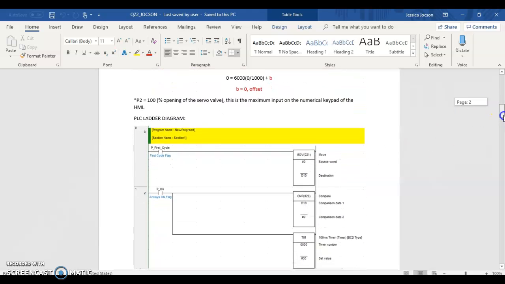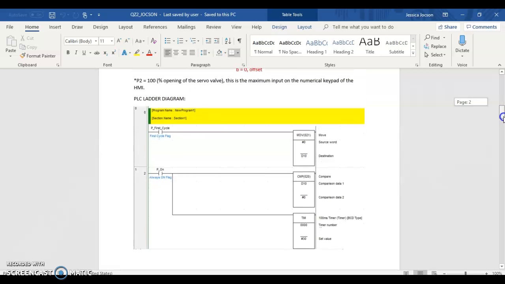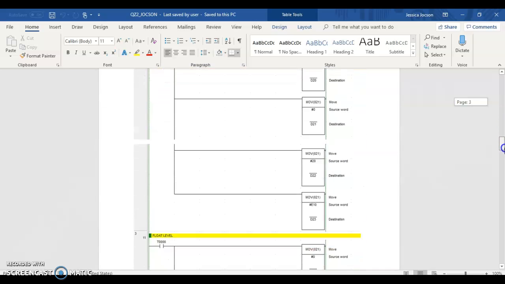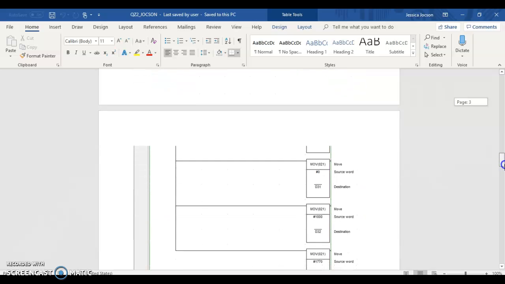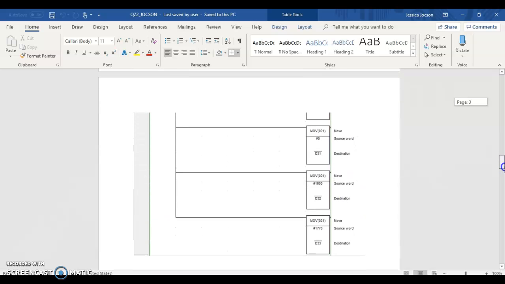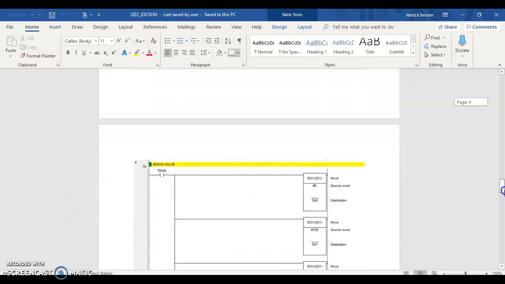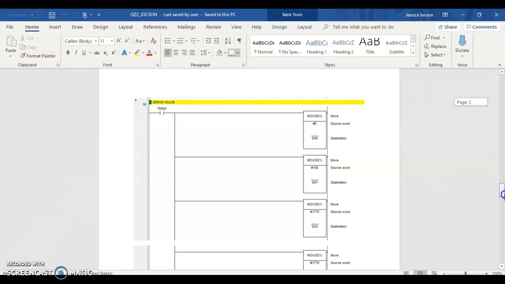This is the PLC ladder diagram for the servo valve.